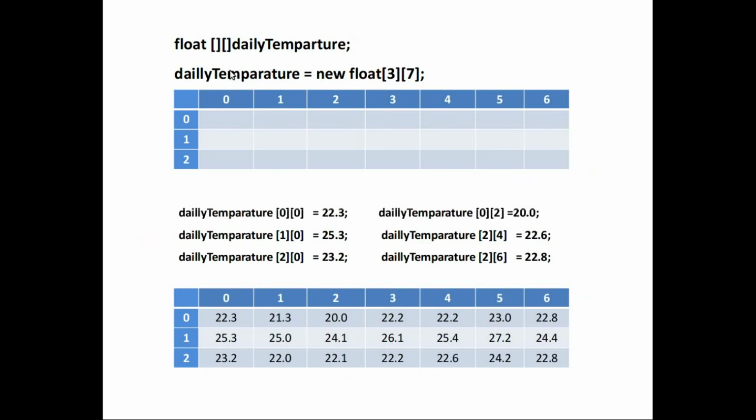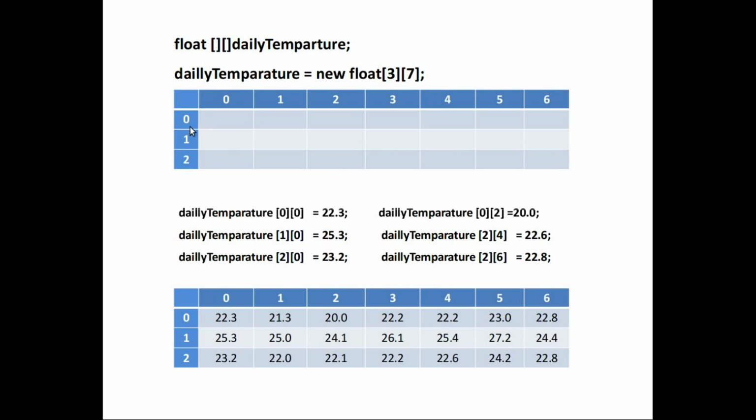Alright, now remember when we declared a one-dimensional array, we had the data type, we had a set of square brackets here, and then we had the name of the variable. That was the declaration. But now, since it's a two-dimensional array, unlike the one-dimensional array where we have just one row and multiple columns, so we use just one square bracket, in a two-dimensional array we have multiple rows and multiple columns.